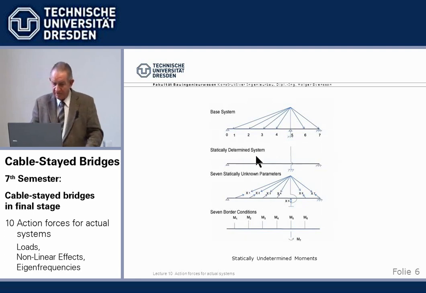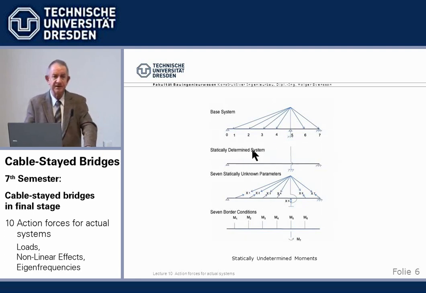Well, a little bit back, I mean, you know all that, but just the statical theory behind it a little bit. We have here a base system which is statically indeterminate. By first approximation, the cables are the statically indeterminates. If we look into it, the statically determinate system is the full beam on supports between the abutments, but no other supports.